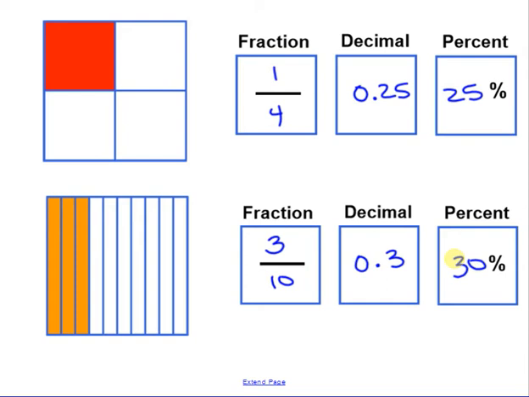Remember, you can't always say the fraction in word form and get a perfect decimal. That usually works if you could put it over 100, over 10, or over 1,000. So remember how to divide as well. If you have a fraction, 1 over 4, remember that you can divide just like this and get your answer. So you should have gotten 1/4, 0.25, and 25%. And then for the bottom one, 3 over 10, 0.3, and 30%.